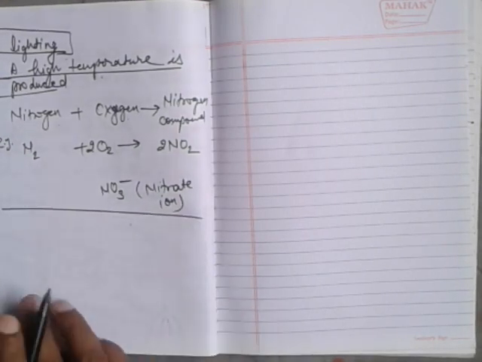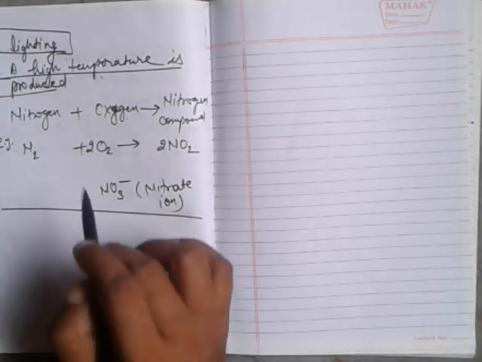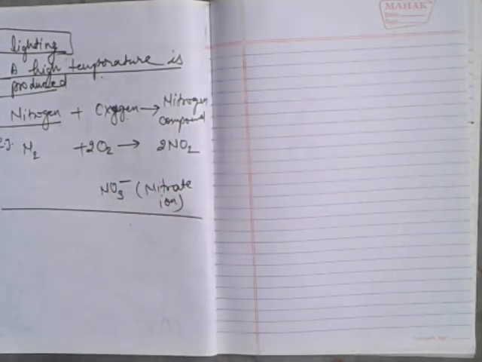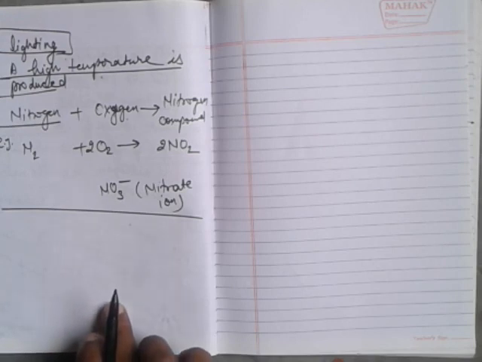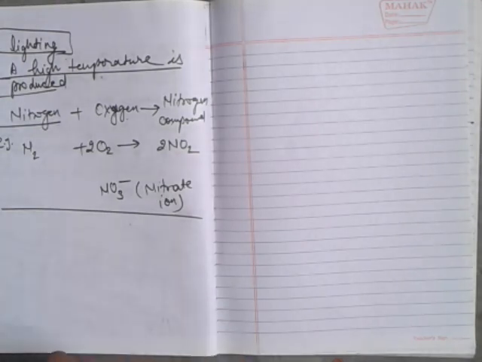Another topic is how this atmospheric nitrogen is circulated in our atmosphere.